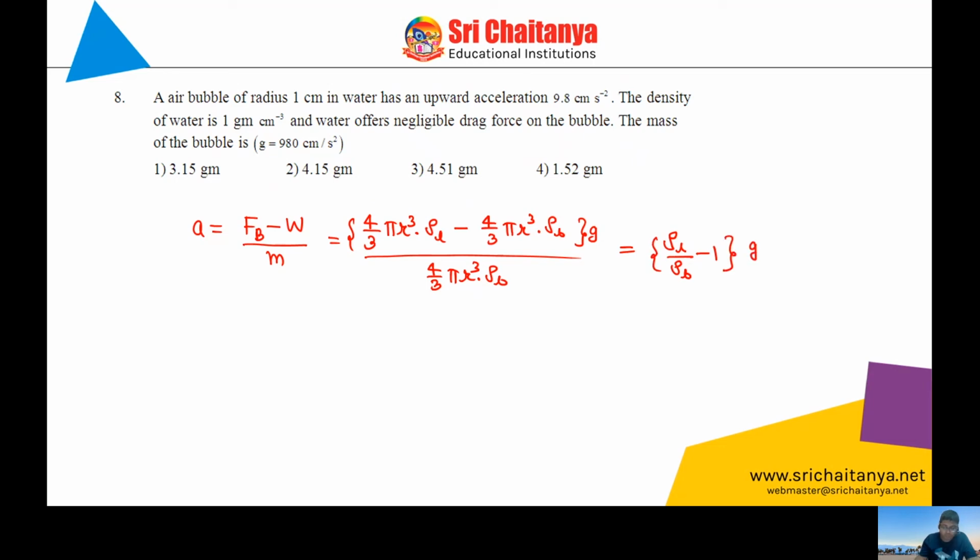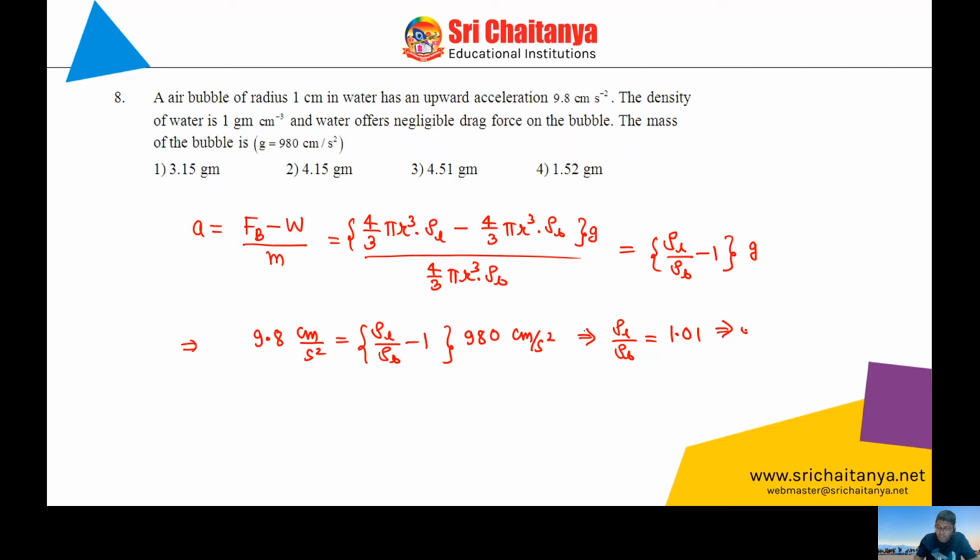So when you substitute the value of a here, a is given to us as 9.8 centimeter per second square, and that will be equal to (rho L by rho B minus 1), and g has been given to us as 980 centimeter per second square. Solving that, you simply get rho L by rho B is equal to 1.01, and rho L has also been given to us as 1 gram per centimeter cube.